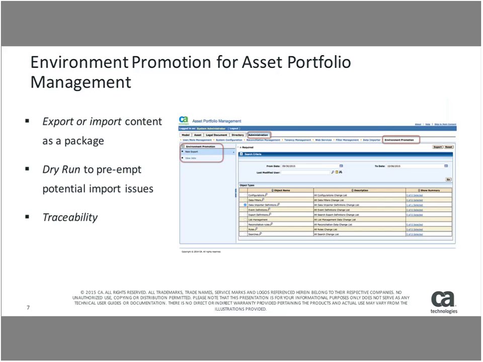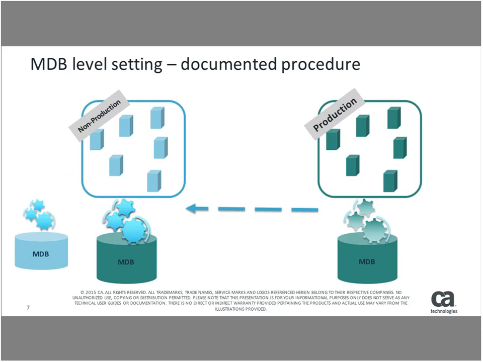Administrators can go into the UI and create a new export, select the data elements like configurations, searches, export definitions, and things like those, and package them in one shot from the UI, dry run them into the target environment, and import it, and all the traceability aspects are applicable here as well. So that was the quick overview of the environment promotion feature.